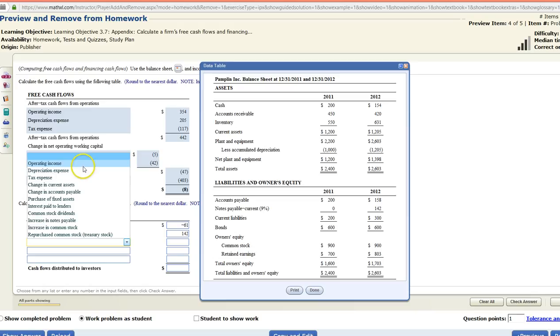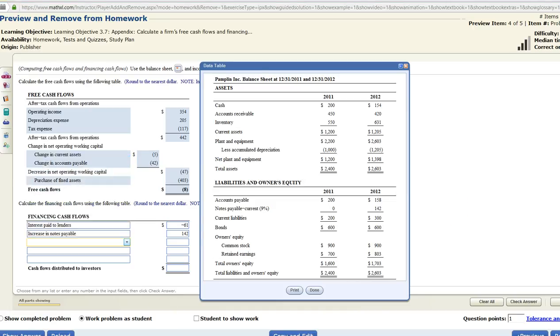I think that's why you don't have the change in long-term debt item here, because the problem already looked at these two numbers and knows that the difference is 0. So we don't have to take care of that part. We are done with the financing cash flow to creditors. And then we also need to look at the financing cash flows to shareholders.